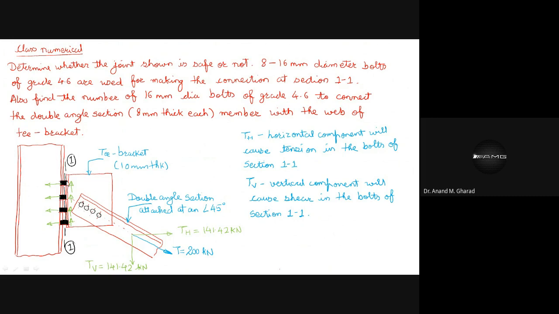Then I have written over here, this is T bracket. T bracket in the sense the shape of this section is T shaped. Okay, it will be like this. If you see the plan, this is like this. Okay. This is in plan what I am talking about, what I have drawn.